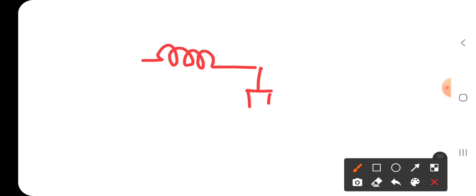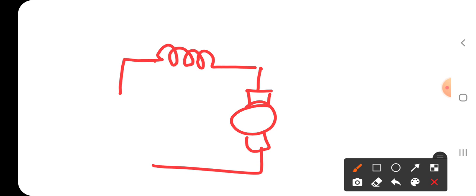Draw the circuit. That is, D1 is on and all remaining switches are open. D1 is like this.